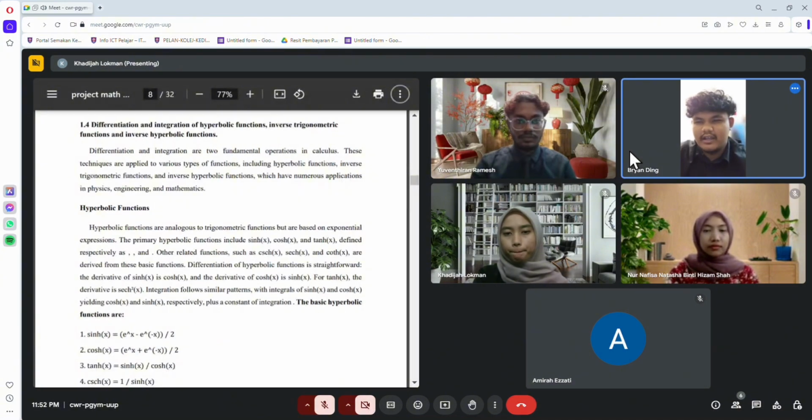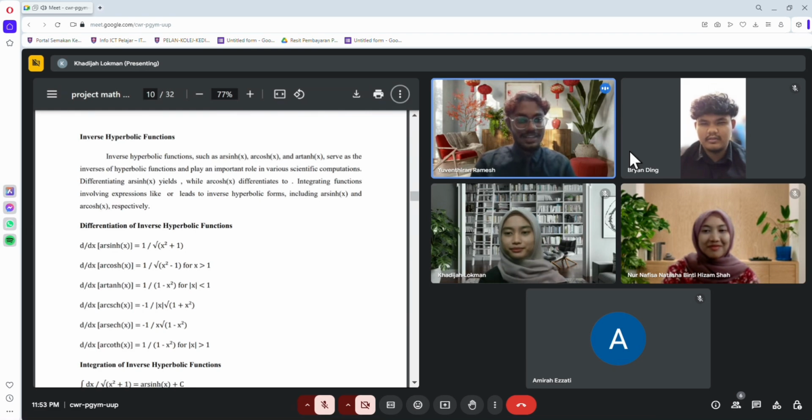Hyperbolic functions are analogs of trigonometric functions but are based on exponential expressions. The primary hyperbolic functions include sinh x, cosh x, and tanh x. So those are the examples.